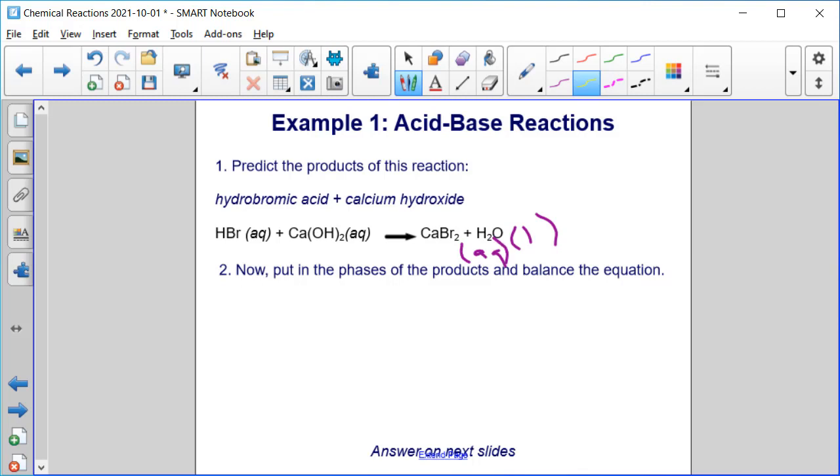And then we need to balance. I think we're going to need 2 HBrs to balance the bromines on the right, and then the last thing we need is 2 waters. So we'll move ahead a slide and confirm that. But I think our coefficients here are 2, 1, 1, 2. Calcium bromide is aqueous, water is liquid.